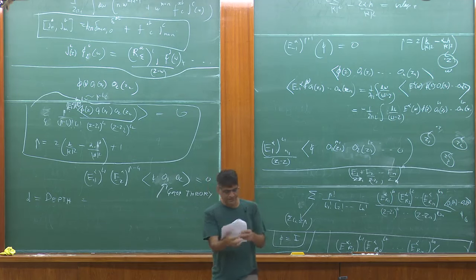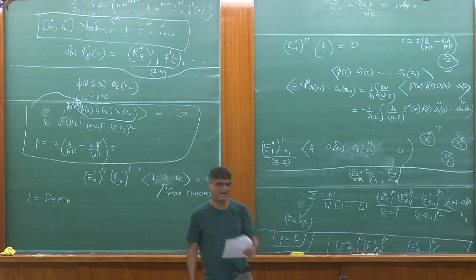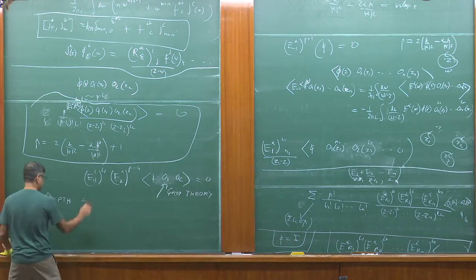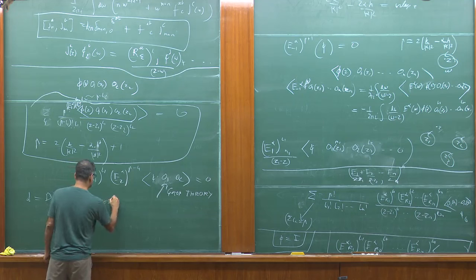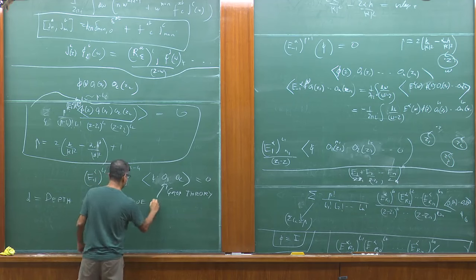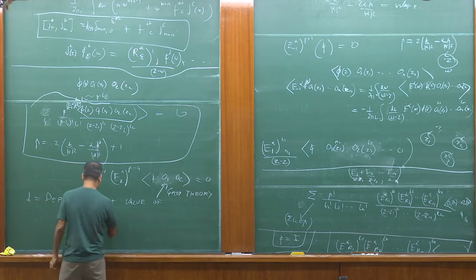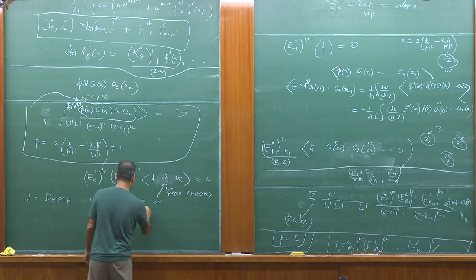Let us define the depth of a state in R1 to be the largest value of L1 for which it does not vanish. So that's your definition. Depth is equal to the largest value of L1 such that E alpha to the power L1 on psi is not equal to 0.